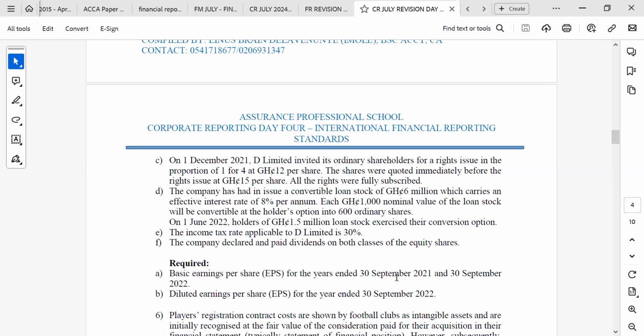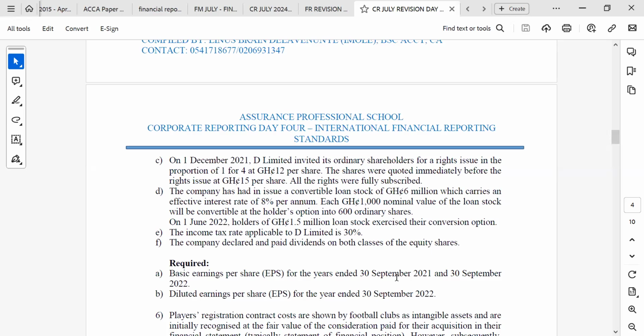On 1st June 2022, holders of 1.5 million loan stock exercise their conversion option. If they exercise their conversion option, it means they are now converting to equity shares. From what date? 1st June. From 1st June to 30th September, how many months is that? 4 months. Okay. The question now is, how many shares are they converting to?